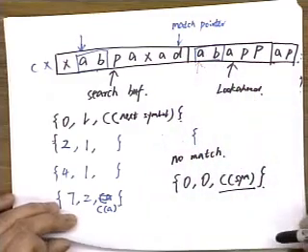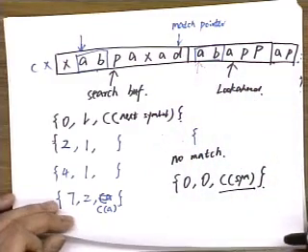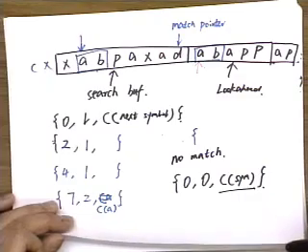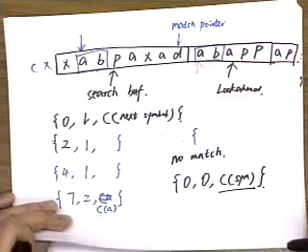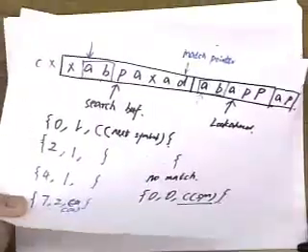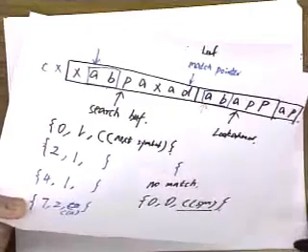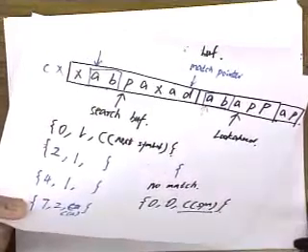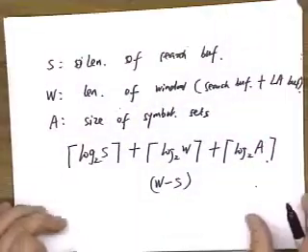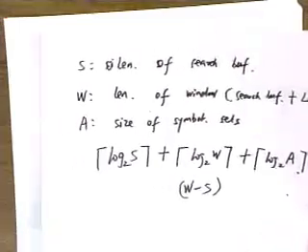Which means that the size of this match might be longer than the size of the look-ahead buffer. Let me go through one example to see why this might be true.